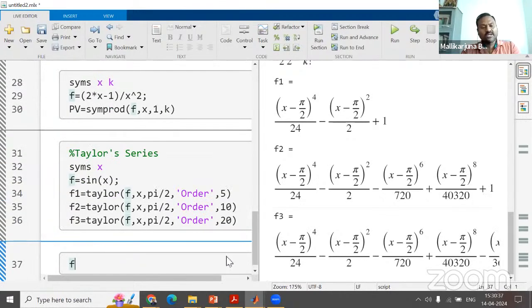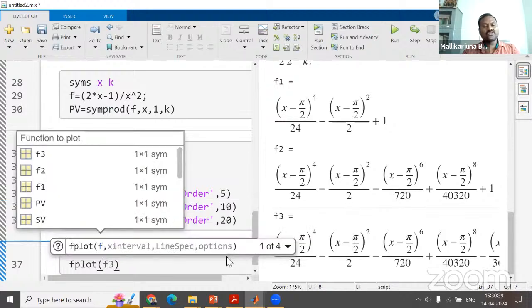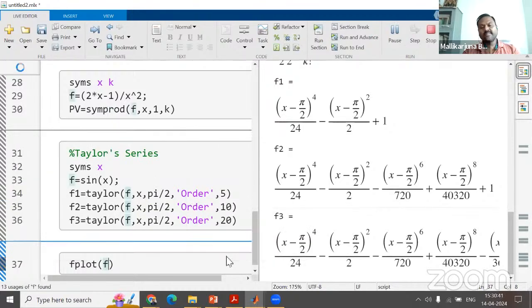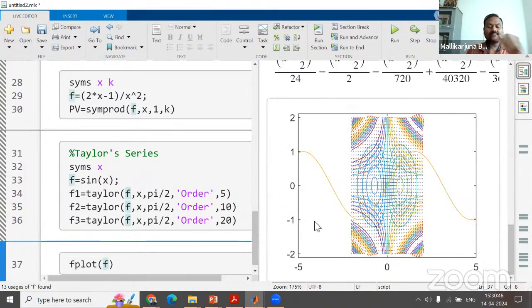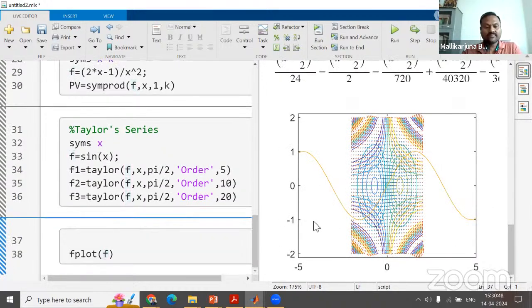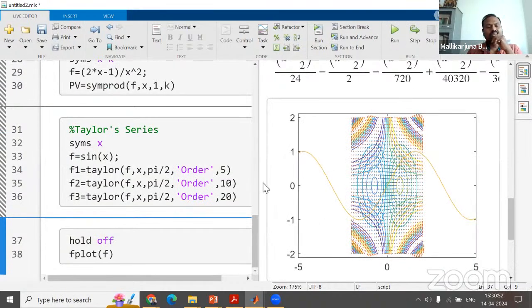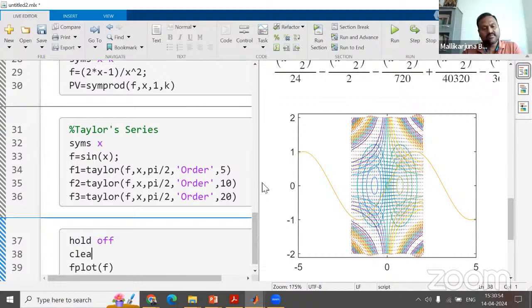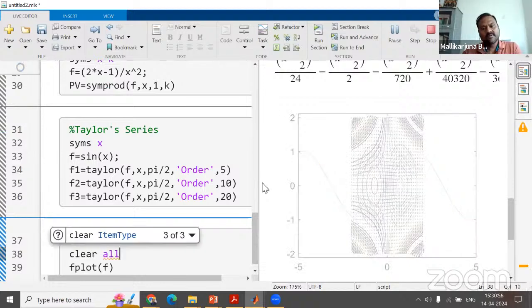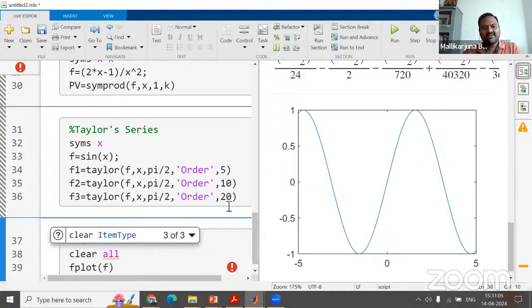But graphically, what does it mean? Let me take the function plot of f. These were overlapping previously, that's why. Now it is fine.